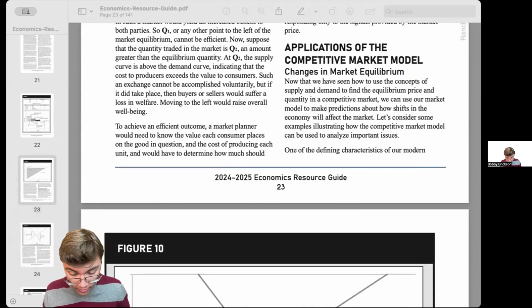And so the supply curve is above the demand curve, which means the cost for producers to produce that much of the good is going to be higher than what consumers are willing to pay for it. And so this exchange isn't happening voluntarily. It doesn't happen in markets, at least in free markets. And if it did take place, then buyers and sellers would be suffering a loss in welfare.